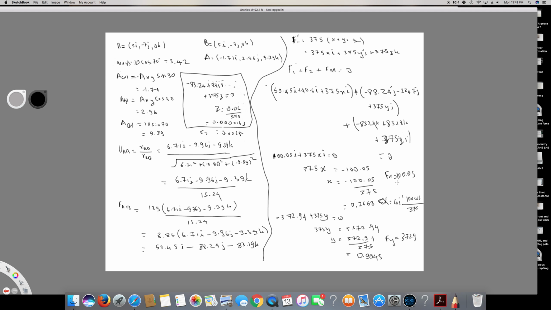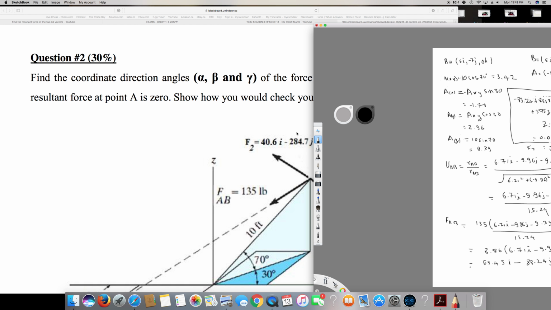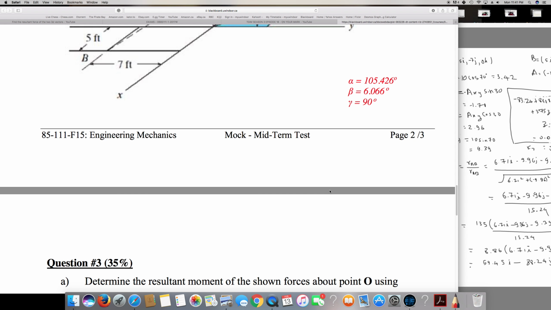Negative 100.05 divided by 375, cos inverse gives 105.47. Let's check the answer here. This is the same answer I'm getting here.